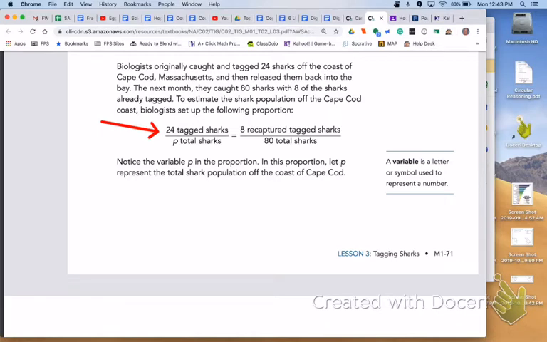Notice the variable P in the proportion. In this proportion, let P represent the total shark population off the coast of Cape Cod. Remember that a variable is a letter or symbol used to represent a number.